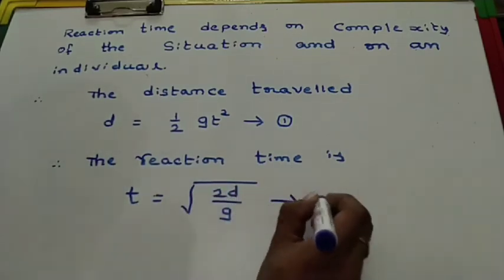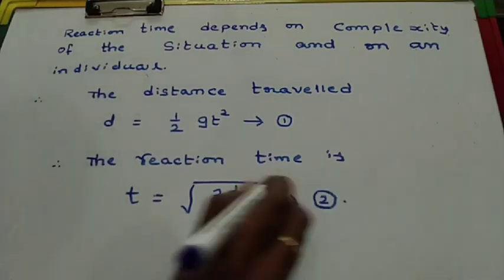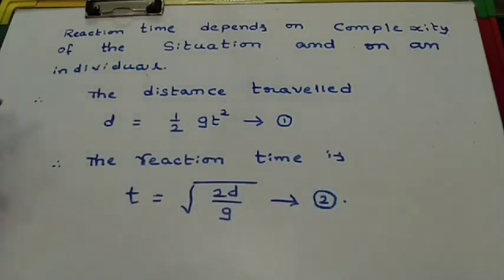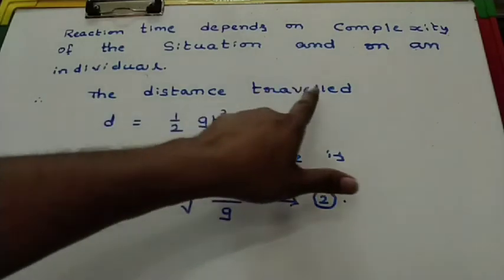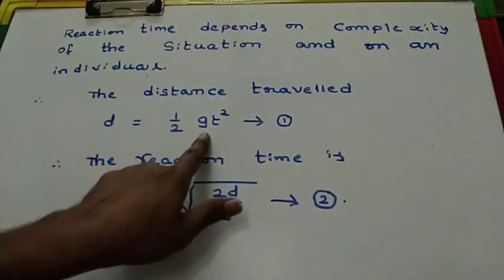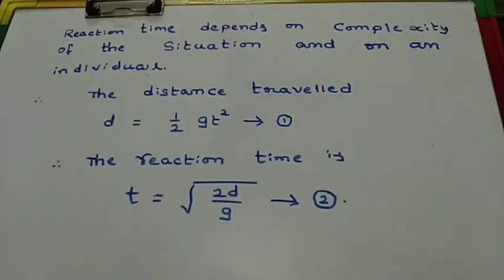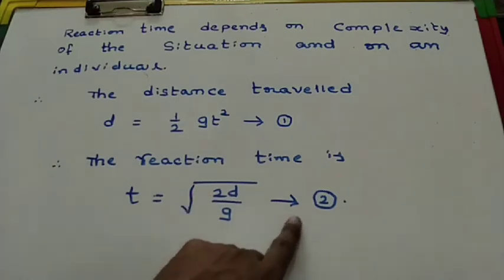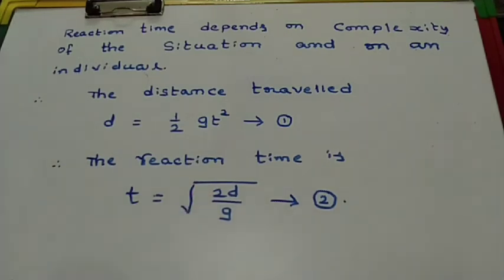Consider this equation number 2. Once again I am repeating these two points. The distance traveled d is equal to 1 by 2 g t square, equation number 1. Therefore, the reaction time t is equal to root of 2d by g, equation number 2. This is about reaction time.